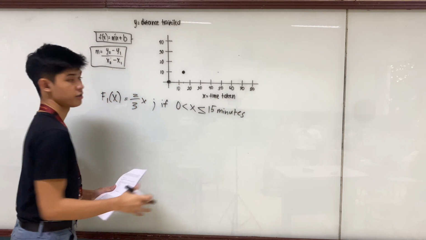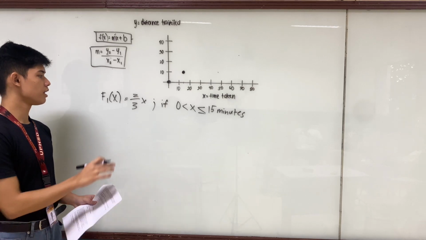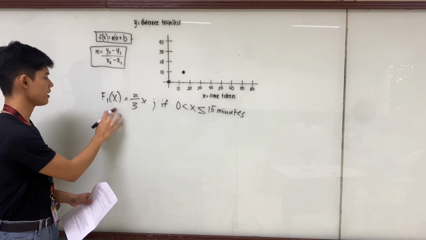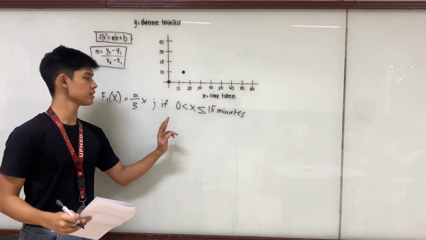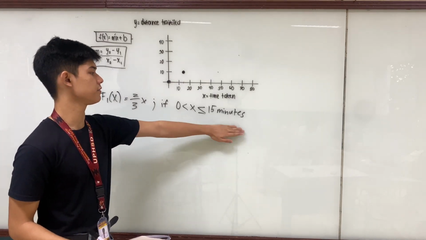So again, our first function is f of x is equal to 2/3 x if x is greater than 0 but less than or equal to 15 minutes.